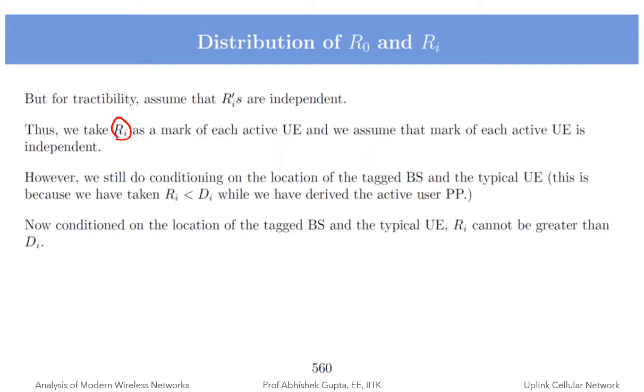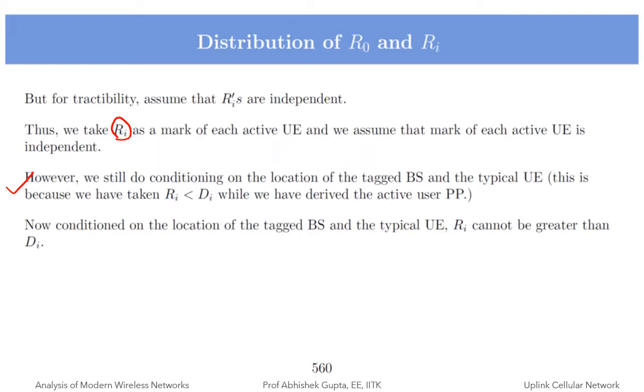So this is just to say that we will remove the conditioning between R1, R2 and R2, R3, but we will keep the conditioning of all Ris on R0. It means once we know the value of R0, we will modify the distribution of Ri.